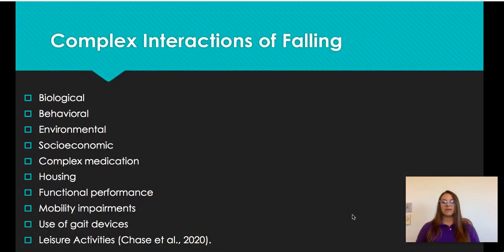Maybe someone needs to use a walker and they're not using it right, and that can increase the falls. Like if you go to sit and you hold on to the walker instead of the chair, that often leads to falls. And leisure activities. People who participate in more physical activities like walking or running or biking or hiking are prone to falling more.